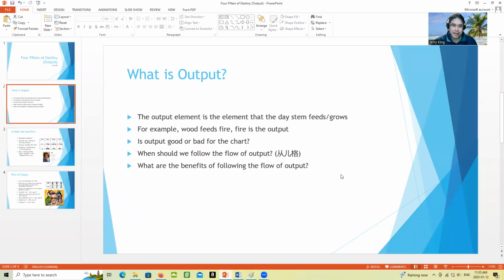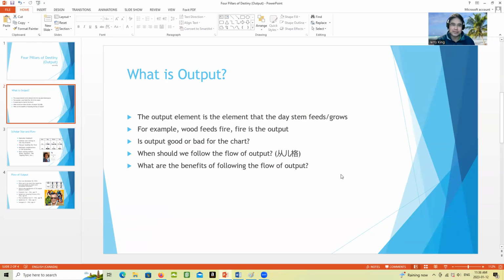So what are the benefits of following the flow of output? As I mentioned, if you have your output in your stems, the ability to speak, the ability to present, the ability to be visible, and achieving success is extremely high. There are methods where they say, oh, is it the eating god or is it the herding officer?